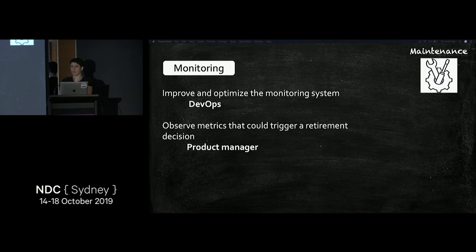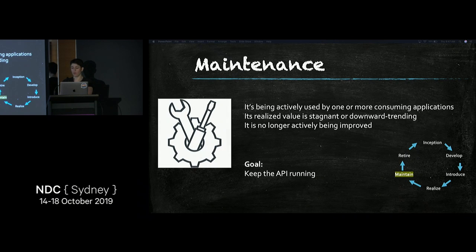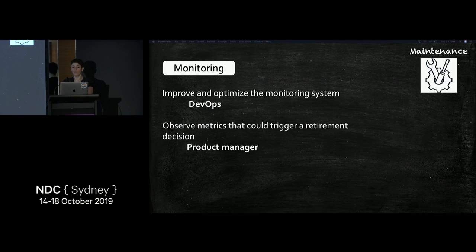In maintenance, as I said, the goal is to keep the API running, but how? We need to do a lot of monitoring here. We need to observe data, see how people are using it and how the API or the product is doing, right? That's why we need to gather data. Here we definitely need to optimize the system, because now we are focused on this.